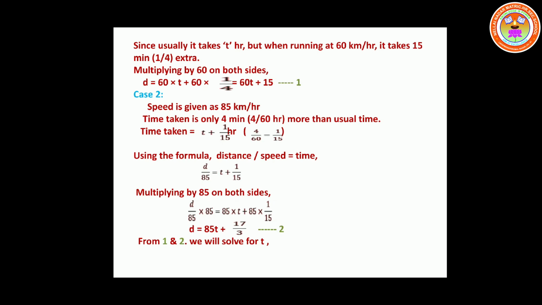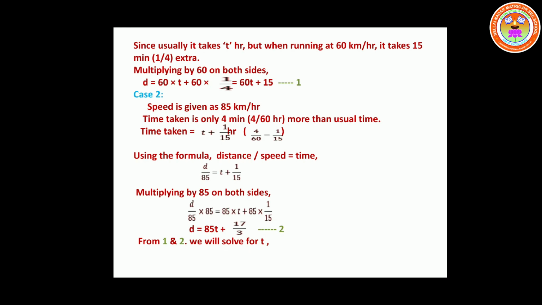So what you will have? d by 85 into 85 is equal to 85 into t plus 85 into 1 by 15. 85 gets cancelled in my left hand side, therefore d is the balance one. And in my right hand side, what am I having? 85t plus 85 and 15 using 5 tables. 85 17 times, 15 3 times. So you have the final equation as d is equal to 85t plus 17 by 3. That is the second equation.